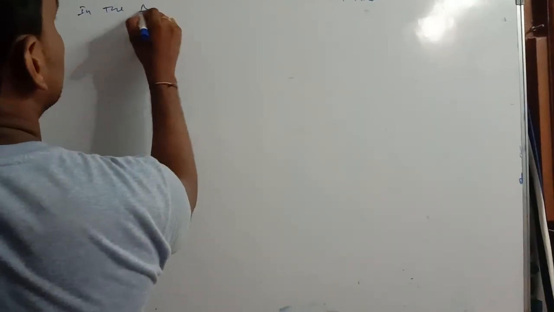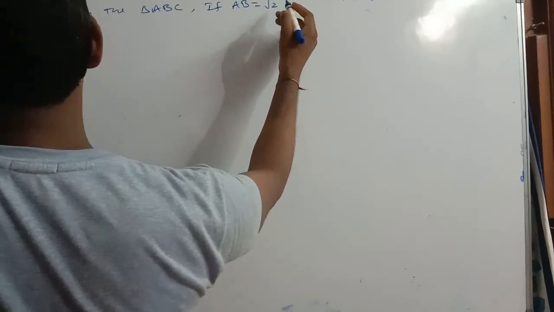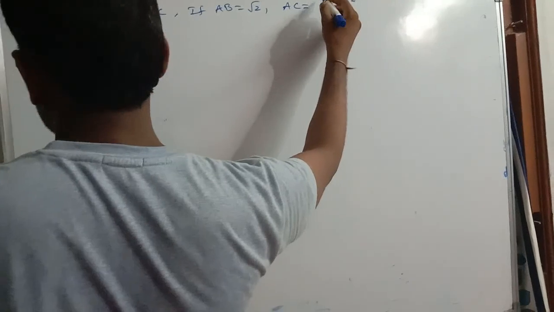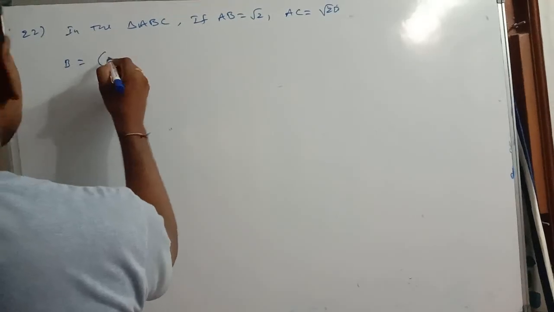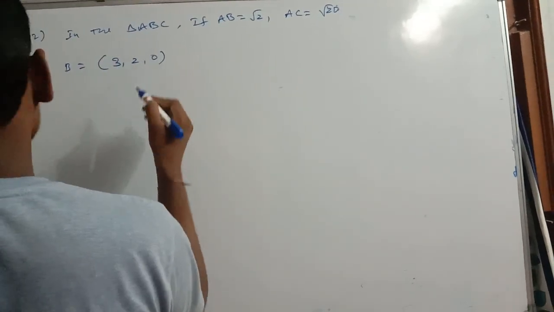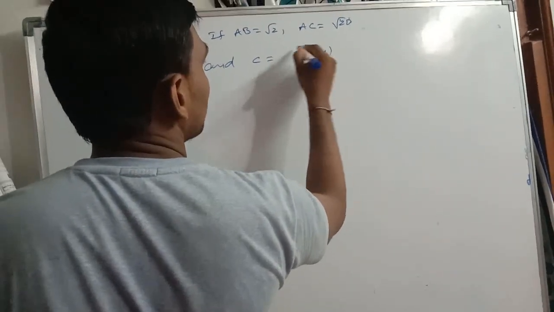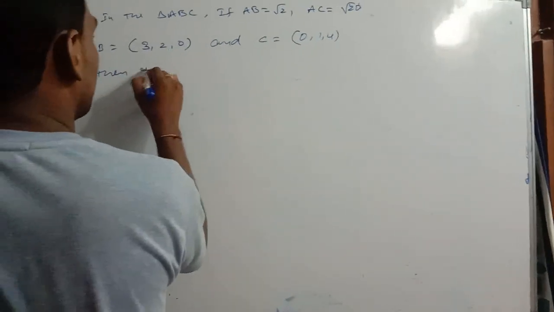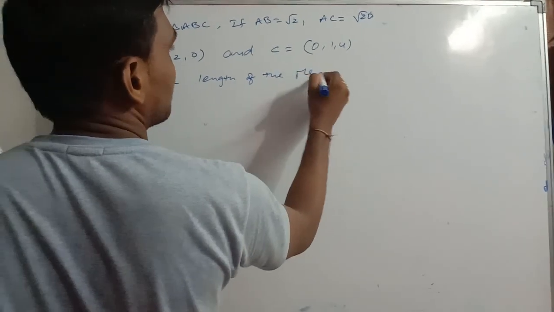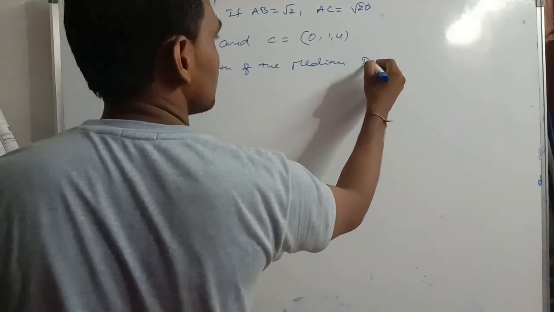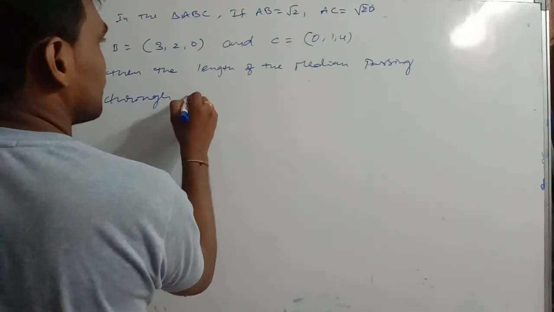Triangle ABC. In the triangle ABC, if AB is equal to root 2, AC is equal to root 20, B is equal to (3, 2, 0), and C is equal to (0, 1, 4), then the length of the median passing through A is.